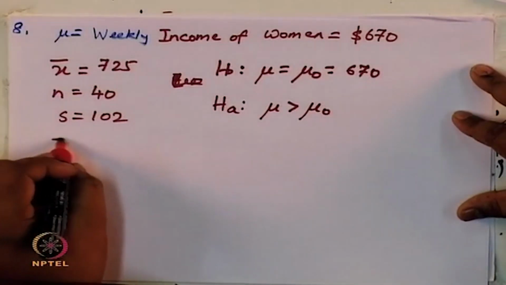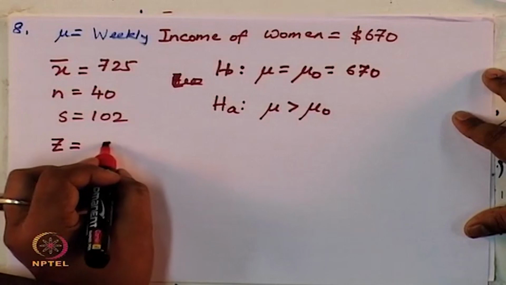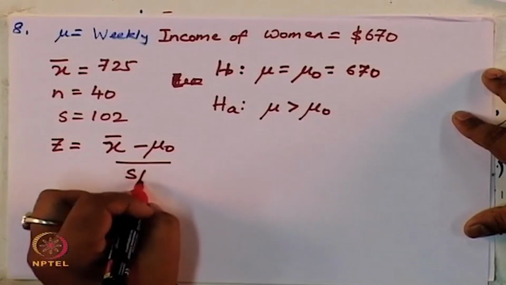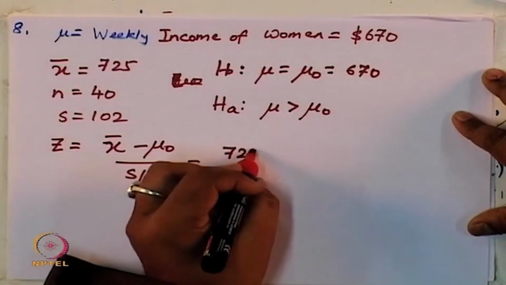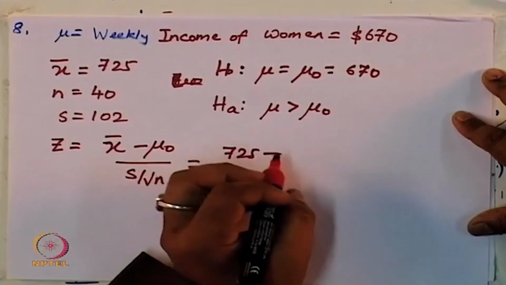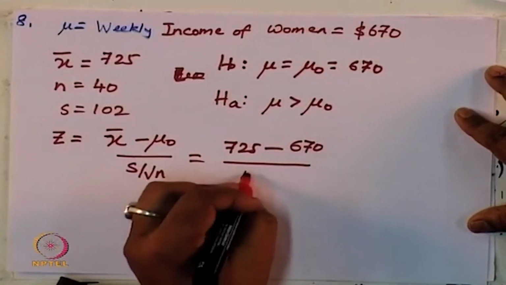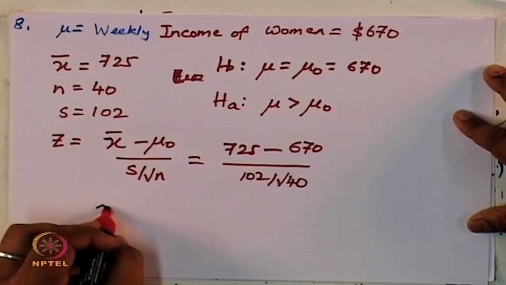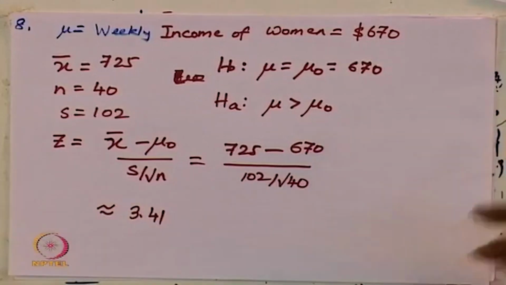Everything is based on the test statistic. So, Z equals X bar minus mu naught by S by root of N, which is 725 minus 670 by 102 by root of 40. The value of Z comes out to be roughly 3.41.